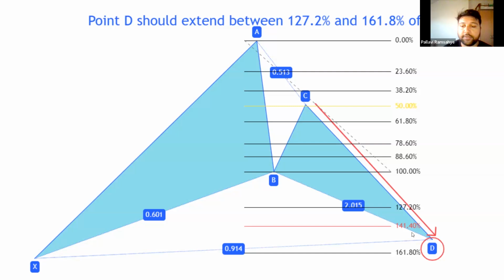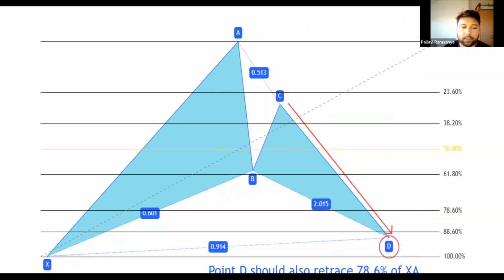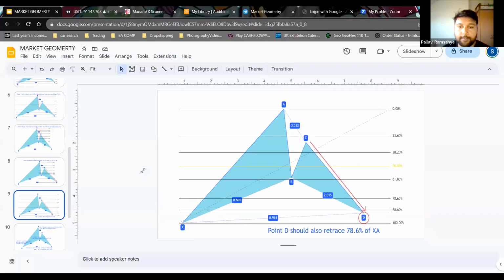So once it is formed, then we can look to get into the trade, okay? So this is the second criteria. I just wanted to include this. Sorry. So this is the second criteria for point D, okay? So I'm just going to bring it back.